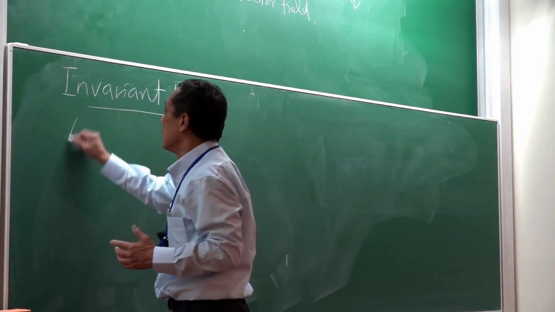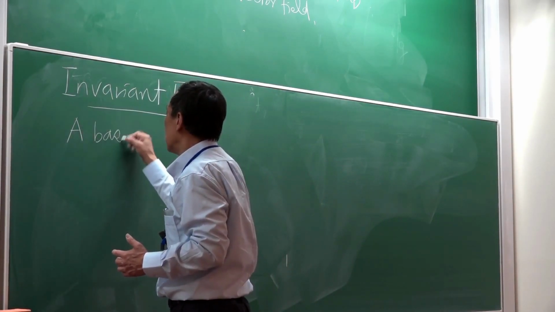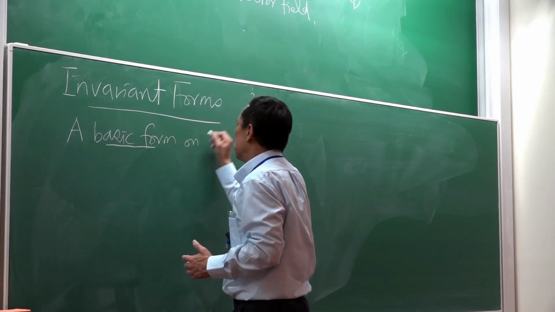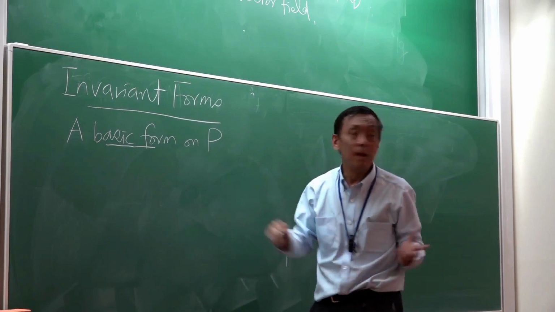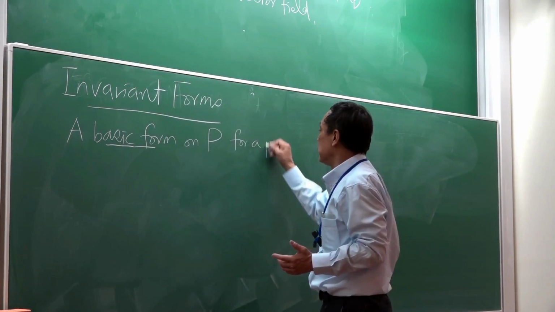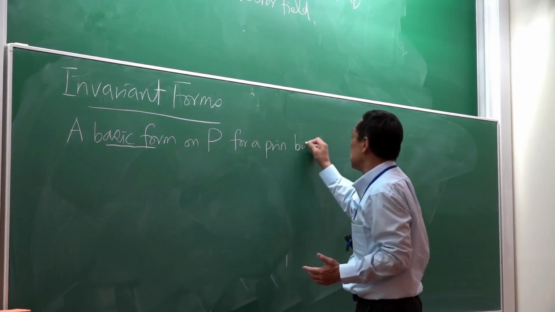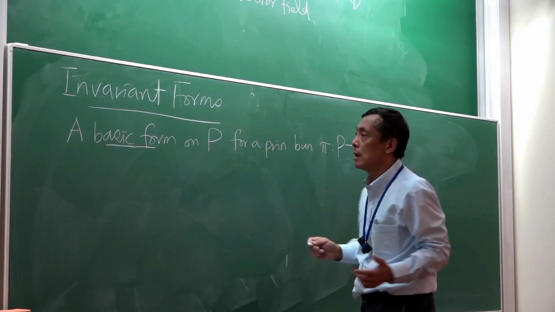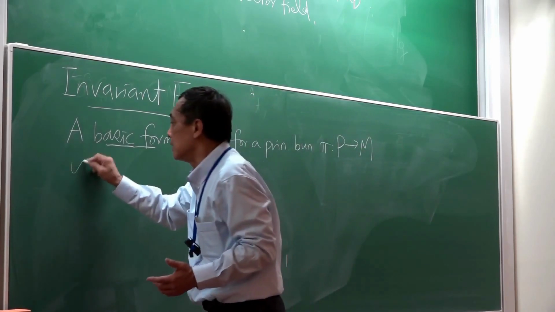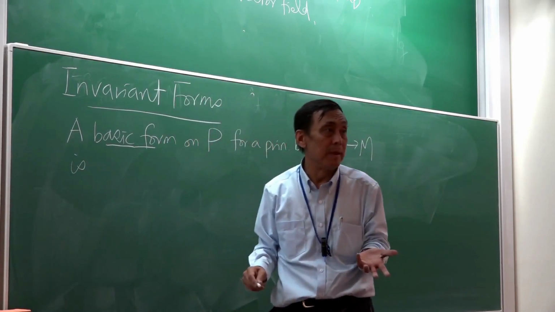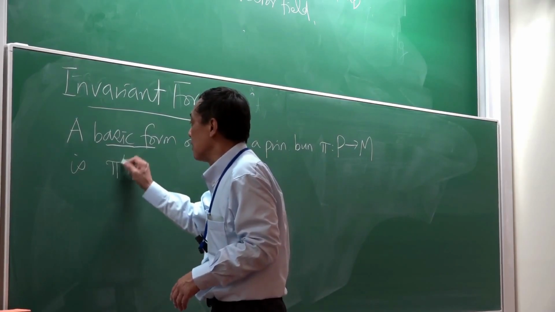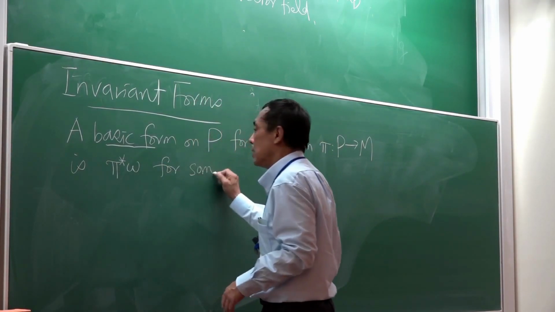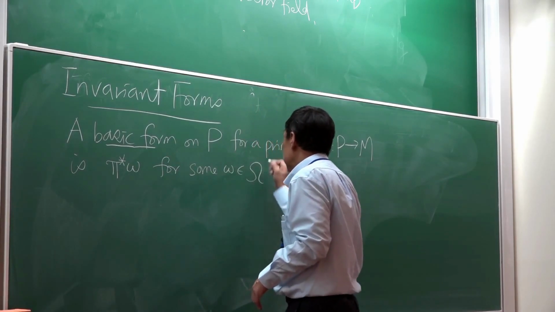So a basic form on P, for a principal bundle, a basic form is the pullback of something from the base: it is pi star of omega for some omega in the base.